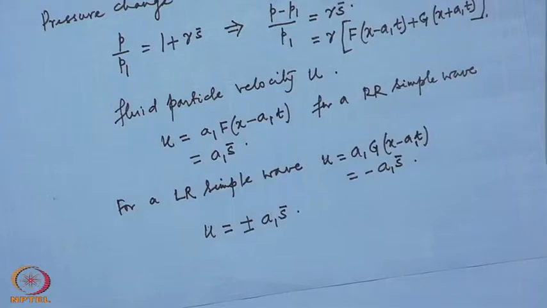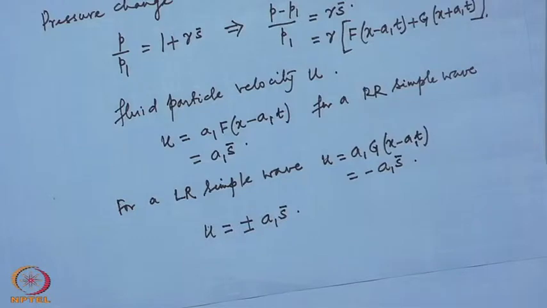So, the corresponding disturbances of particle velocity are given by u equal to plus or minus a1 s for left and right propagating waves respectively. It may be seen that a compression accelerates the fluid in the direction of wave motion, whereas an expansion decelerates it.